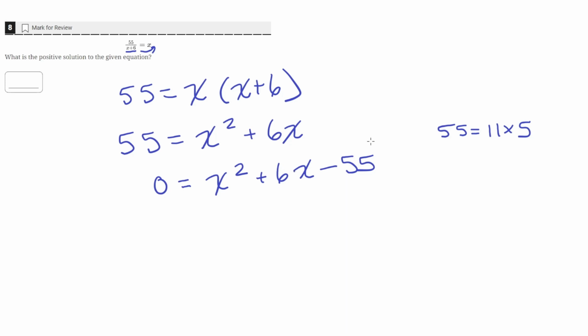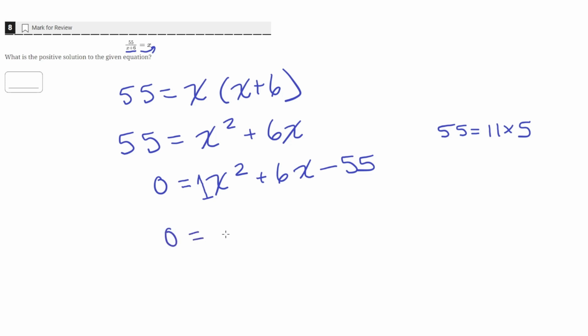So that's how we know that we can factor this by grouping, by looking at the factors of the a term, which in this case is just a 1, multiplied with the c term, which is negative 55. And the factors of negative 55 can be added together to equal 6.